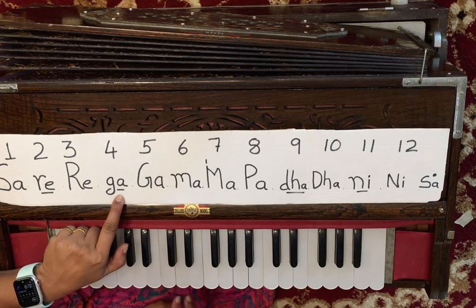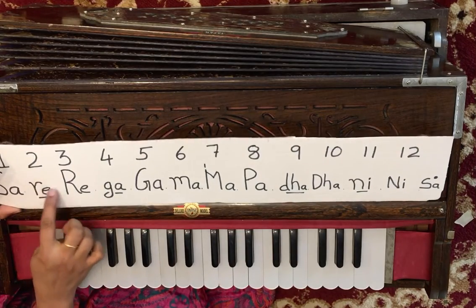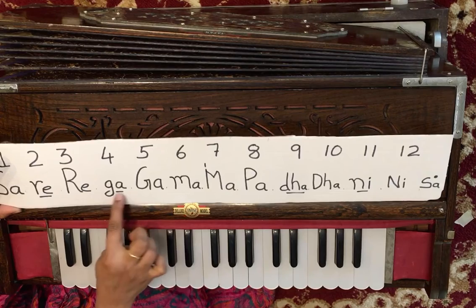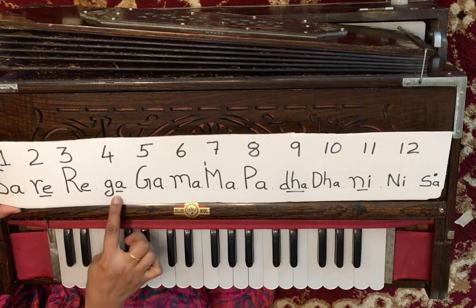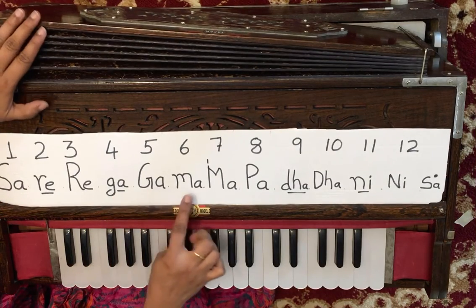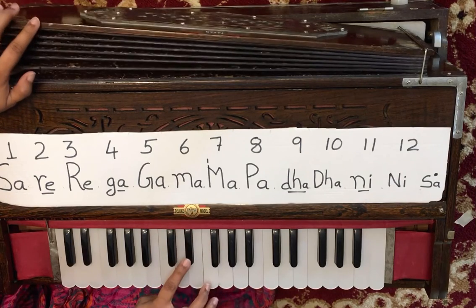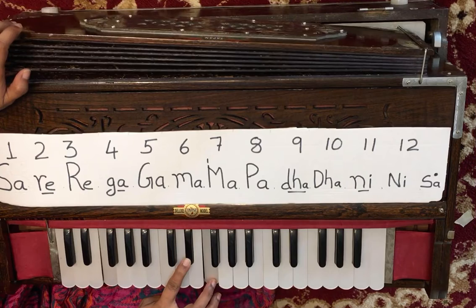To write these komal notes, we simply either write them in lower case or underline them like that to represent komal. So now between ga and ma there isn't actually any note, right? But there is a note between ma and pa.